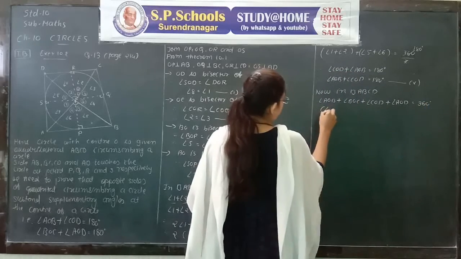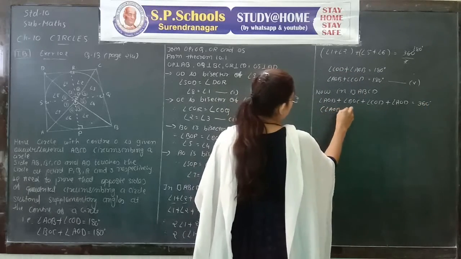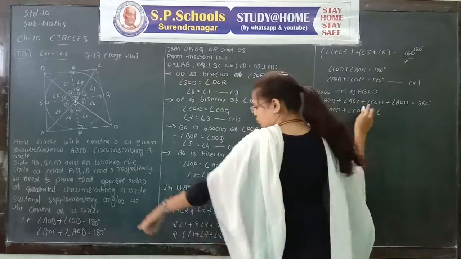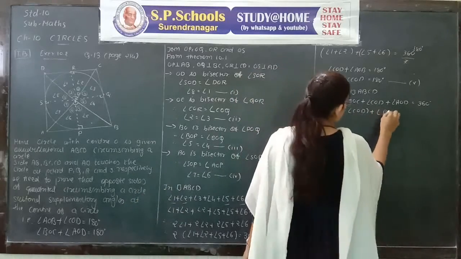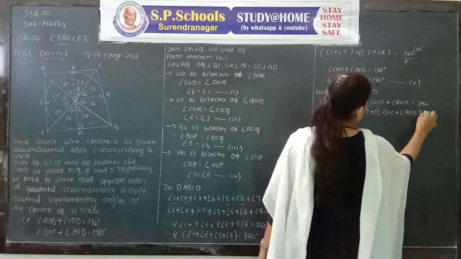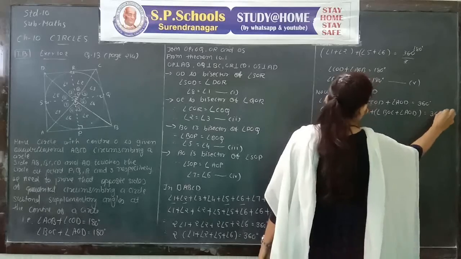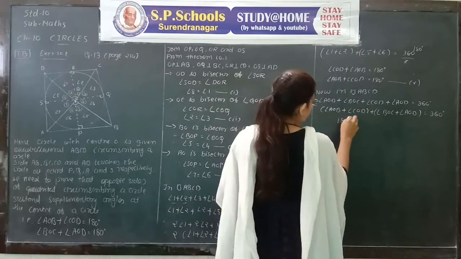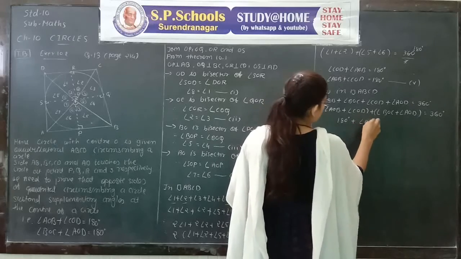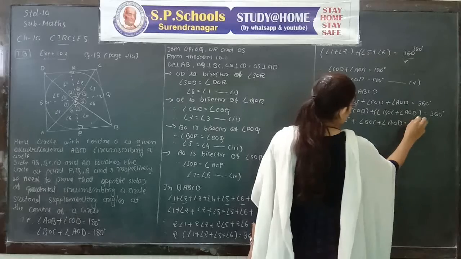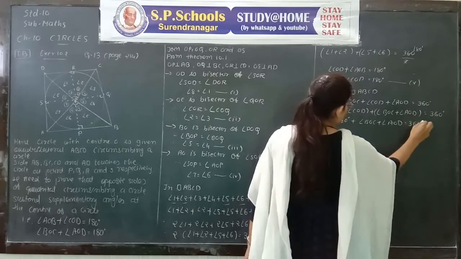We know AOB plus COD, and the remaining 2 we require: angle BOC plus angle AOD is equal to 360. AOB plus COD is equal to 180. Angle BOC plus angle AOD remains as it is.